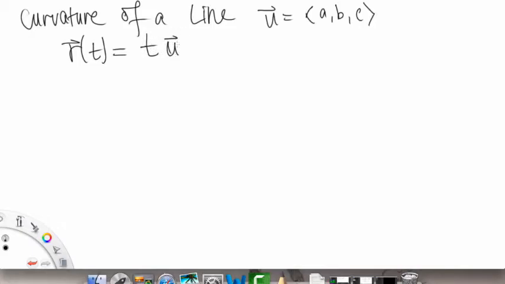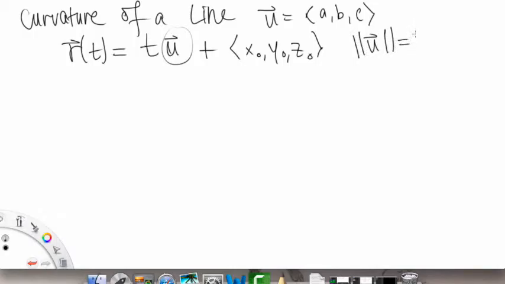So t times u, this is our direction vector, plus a position vector, saying where this line goes through. That could be (0, 0, 0), or it could be another point. Then the magnitude of u is equal to 1, so it's already an arc length parameterization.